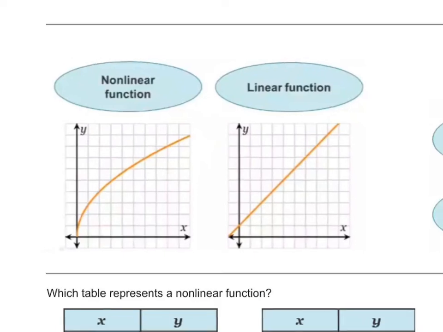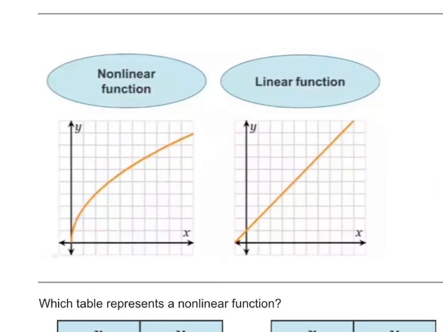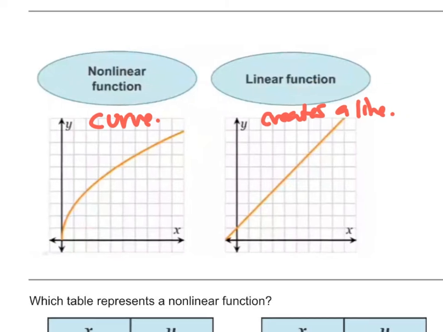All right. The other thing is distinguishing a linear function from a nonlinear function. A linear function creates a line. A nonlinear function is a curve. So it's pretty easy to distinguish, you can tell off a graph pretty easily whether you have a linear or nonlinear function. But we do need to talk about rate of change.